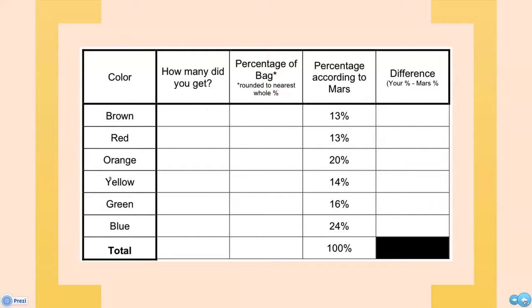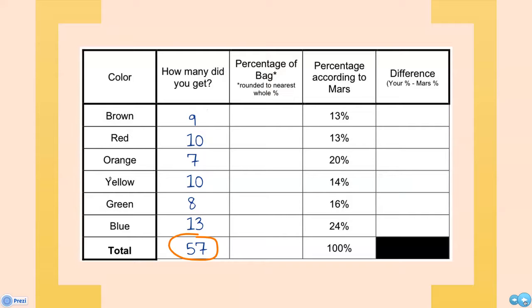I sorted the colors, and it turns out I got 9 brown ones. Then I did all the other colors, and this is how they turned out. Then I added them up to get the total. So I have 57 M&Ms in my bag. So go ahead and open your bag and count them out with your partner and fill in that first column. No fair eating any yet. We want the numbers to be really accurate. No cheating.